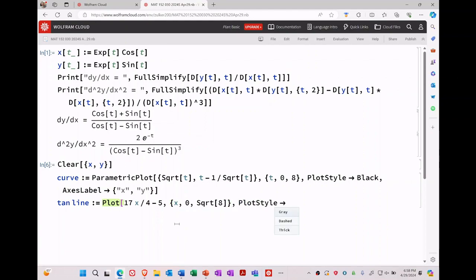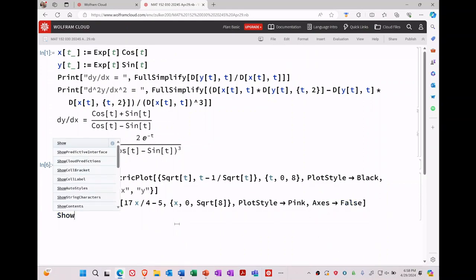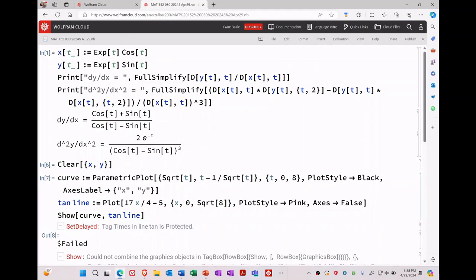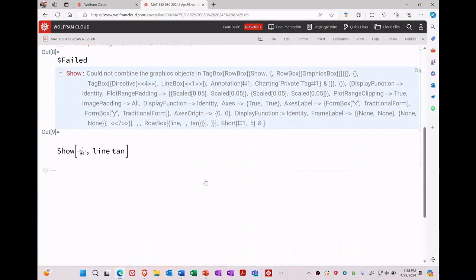Plot style. What color do I want to make the tangent line? Let's go pink. I don't need to do this, but I'll just turn the axes off. Yeah, it did fail.